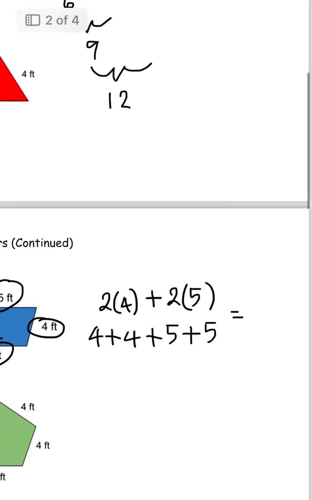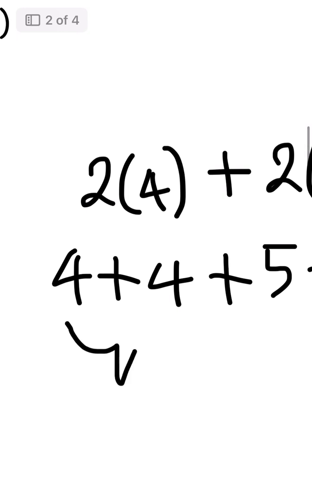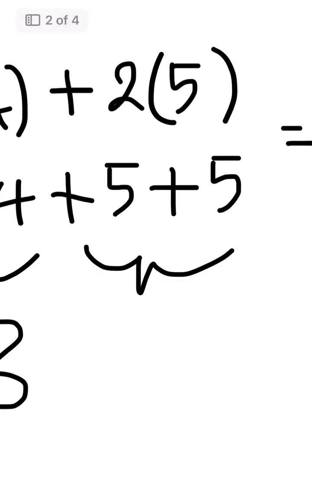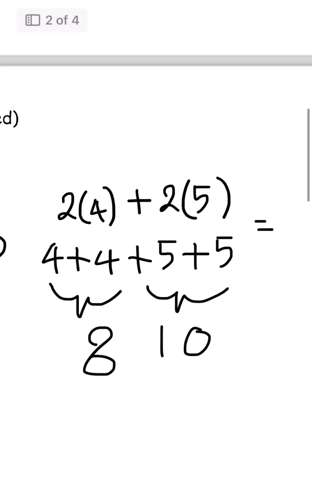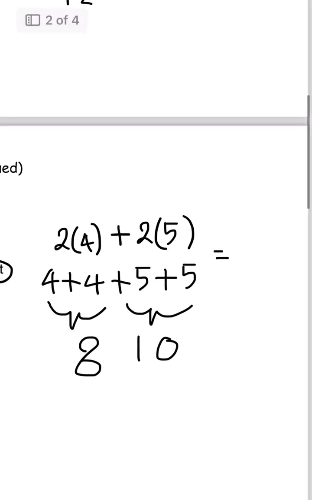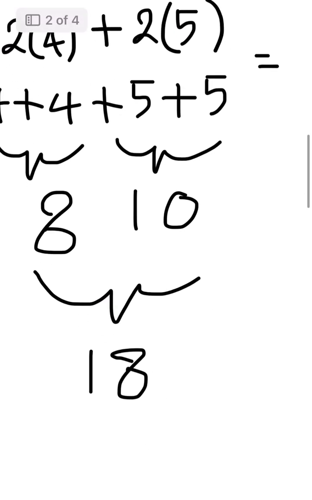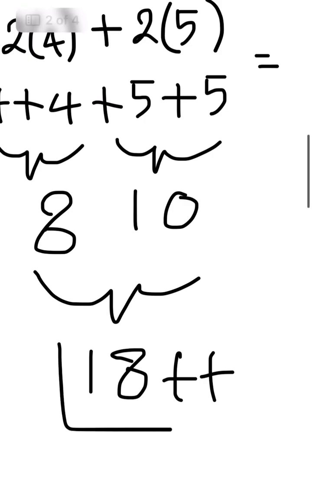And then now we can add it. So it's going to be 4 plus 4 is 8. And 5 plus 5 is 10. And then when we add that together, it's 18, right? So we can see that it's 18 feet.